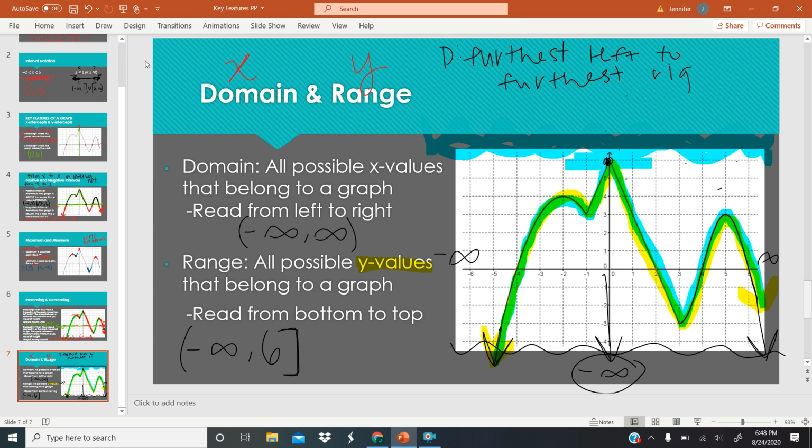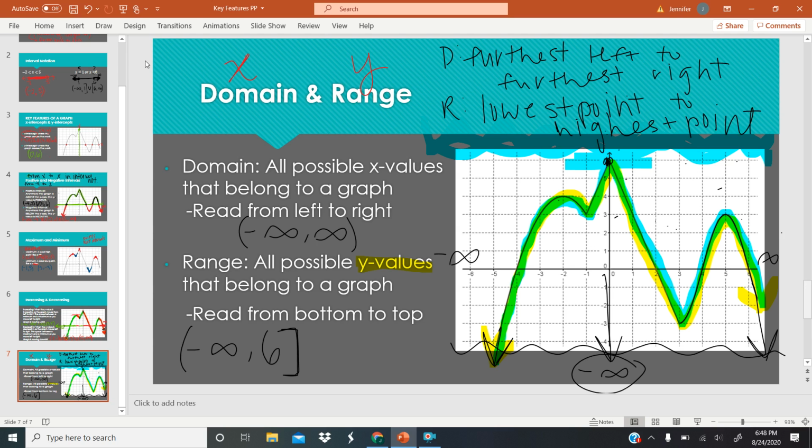And then your range is going to be your lowest point to your highest point. So that could be another way that you guys could think about domain and range.